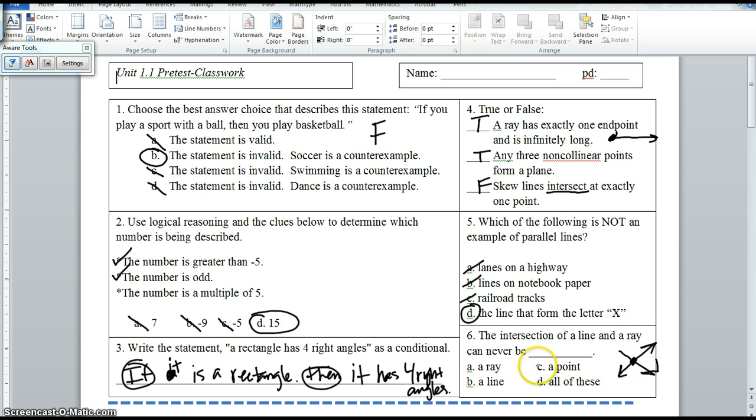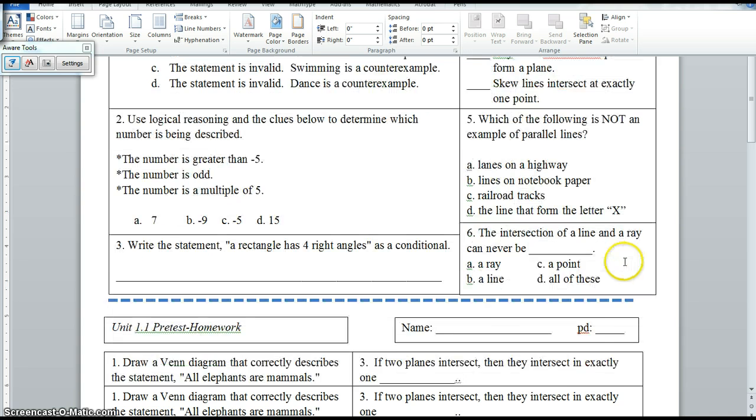So I can X out point, because I already formed a point, which means I can X out all of these because I can't choose C. I didn't form a line because, remember, a line has no endpoint, which with this dot I have an endpoint. So that is my answer. And if you look, if I have a dot here and infinite direction in both ways, then I've formed a ray. So that can't be the answer. Okay?